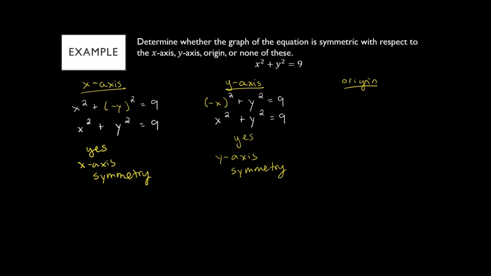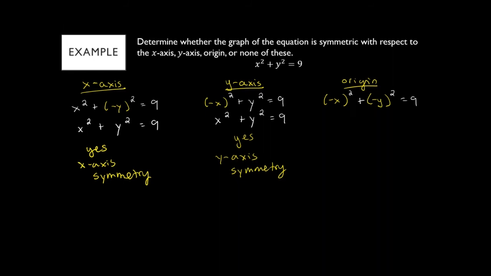Now, next we test origin symmetry, and that's where you're plugging in both a negative x and a negative y. Based off of what I've seen so far, I know that both of those are going to cancel out the negatives, and I'm going to end up with the same equation. But we will go through the algebra. So I'm plugging in negative x into the x squared, and then I am plugging in negative y into y squared, and then equals 9.